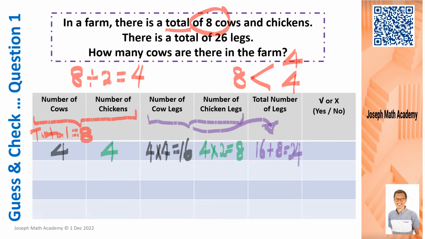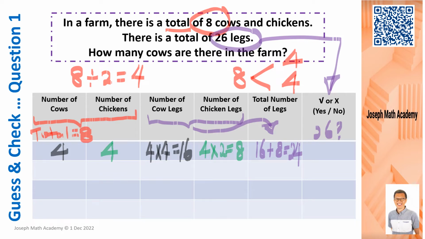Now we need 26. We need this value 26, the total number of legs. Is it 26? Unfortunately, no. If we have our first guess as 4 cows and 4 chickens, we can only get a total of 24 legs.